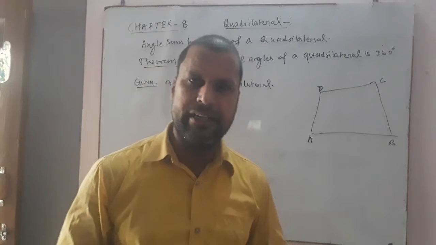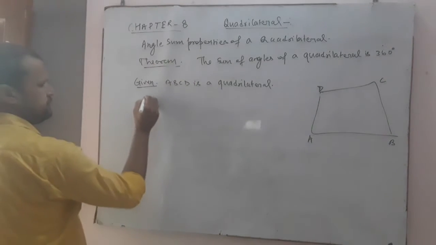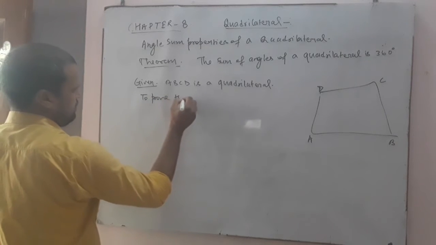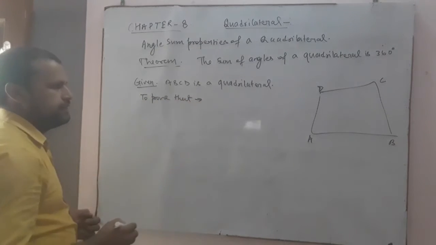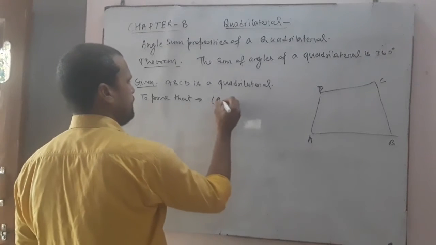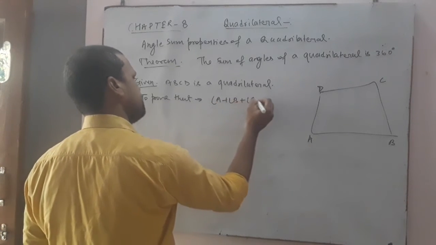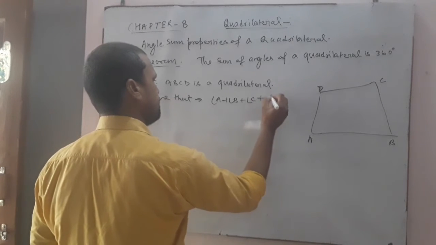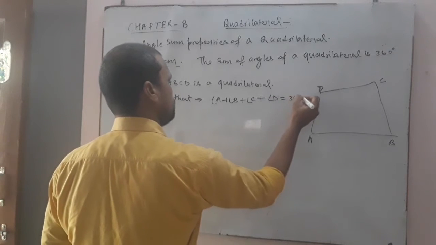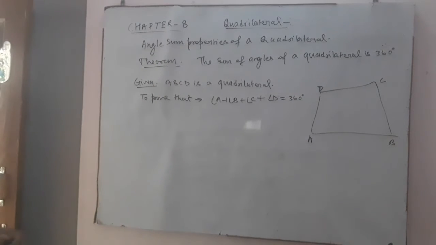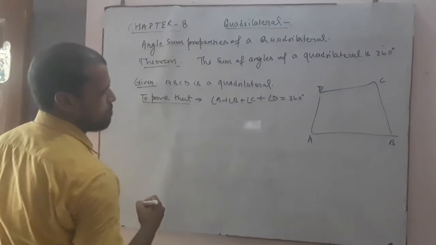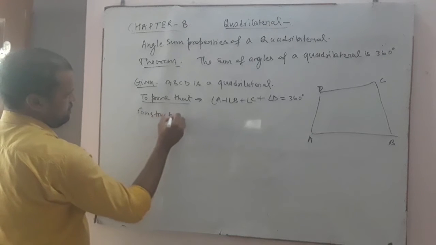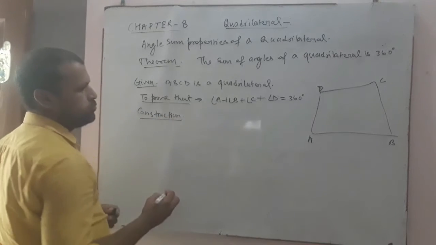If ABCD is a quadrilateral, then prove that angle A plus angle B plus angle C plus angle D equals 360 degrees. Now, construction: join AC.